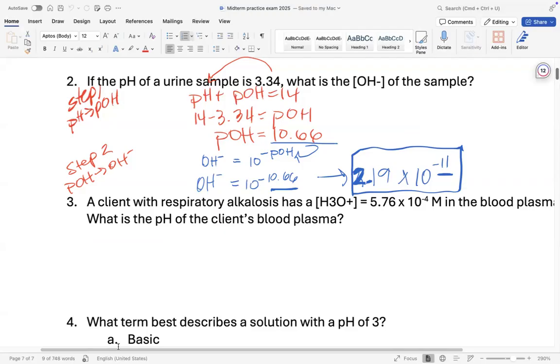If you're getting something slightly different, but you still got 2.1 something, luckily the test is multiple choice, so it'll be obvious which answer it is. It doesn't come down to rounding to that precision. That was just my fault. I said it wrong. Okay.